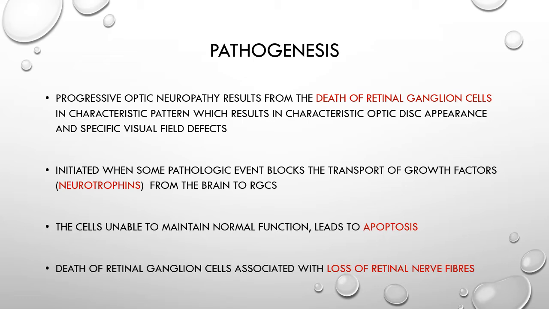Normally, these neurotrophins act as the boosting or energizing agents for the retinal ganglion cells. So whenever there is raised pressure, this transportation of neurotrophins is blocked, and that's how it leads to the death of these retinal ganglion cells. The process we call here apoptosis.